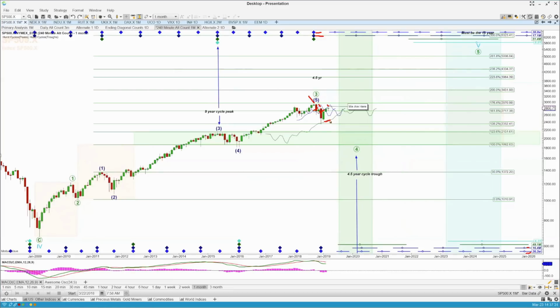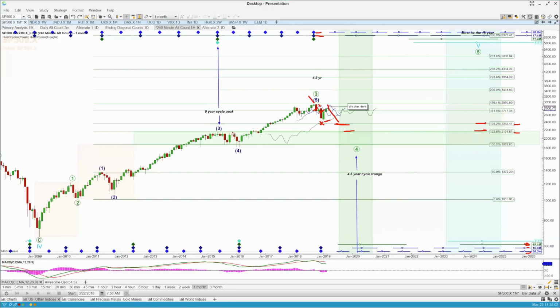This here is the FLD of the 4.5-year cycle. And you can see we just came down and it acted as support. I am expecting on this move that we will penetrate it, and therefore then I'm going to be looking for this and this as the next two Fibonacci levels of support at the 138.2 and the 123.6.